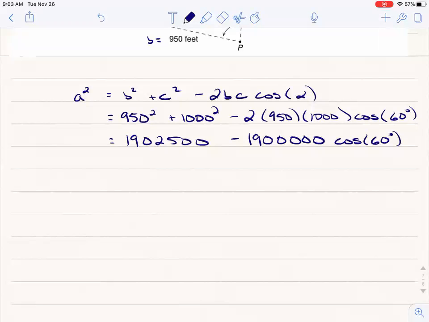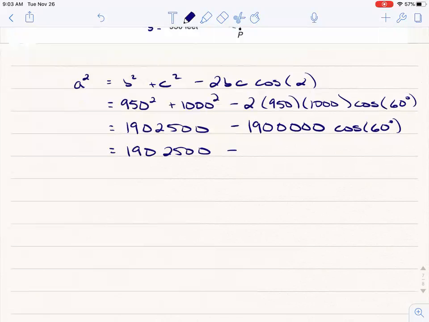Cos of 60 degrees is 1/2, but even if you just use your calculator, you would find that you have 1,902,500 minus cos of 60 times 1,900,000. So I've got 950,000 even, only because cos of 60 works out to 1/2, which is a nice number to work with.